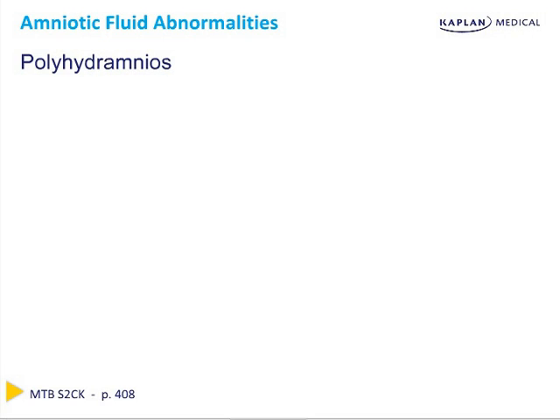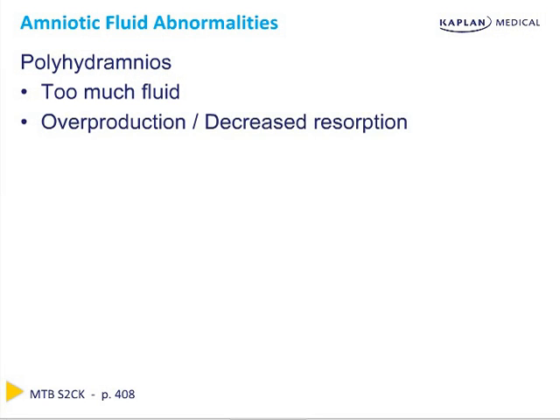So as we said, polyhydramnios is when there's too much fluid, and this happens with either too much produced or too little resorbed. And this can happen in several ways, but it's most often related to central nervous system problems or GI malformations of the unborn fetus.